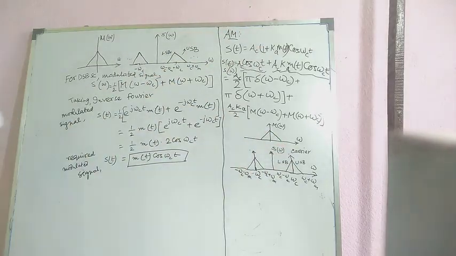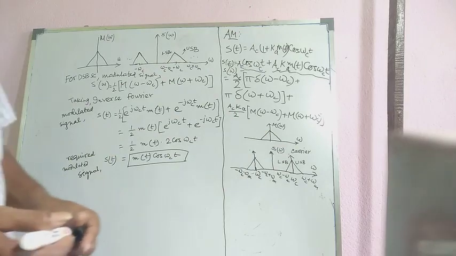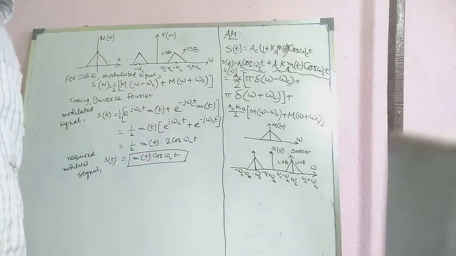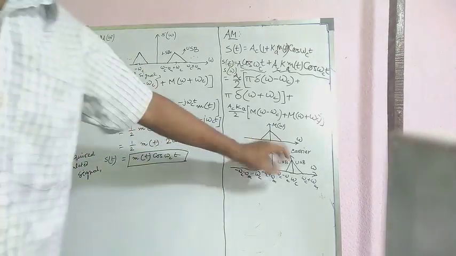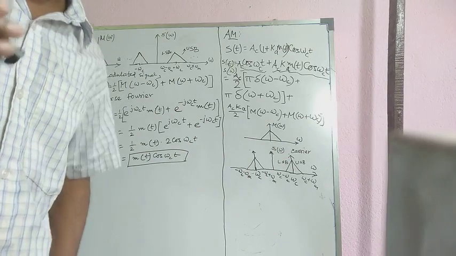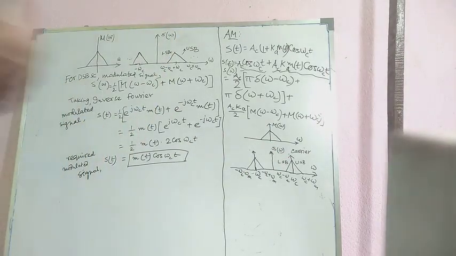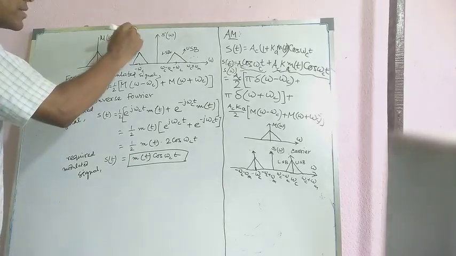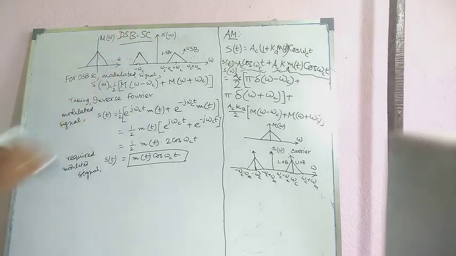We don't need the carrier. Therefore, it is judicious to cancel this only-carrier part, or the signal which is carrying only the carrier without any information should be eliminated, which gives rise to the concept of DSB-SC. What does it stand for?